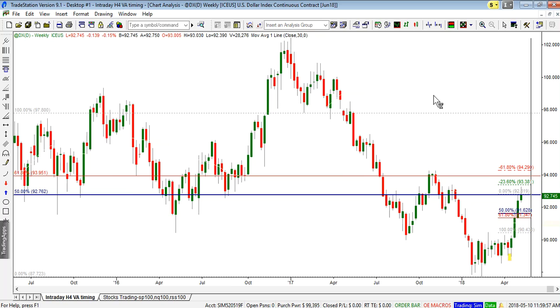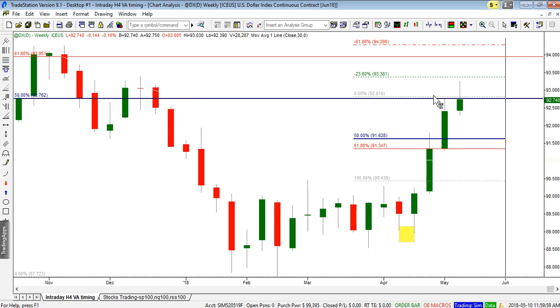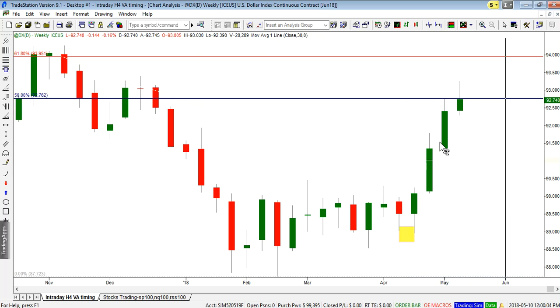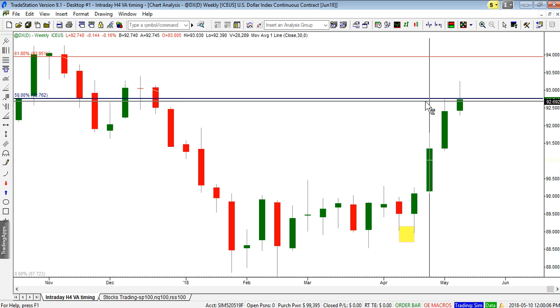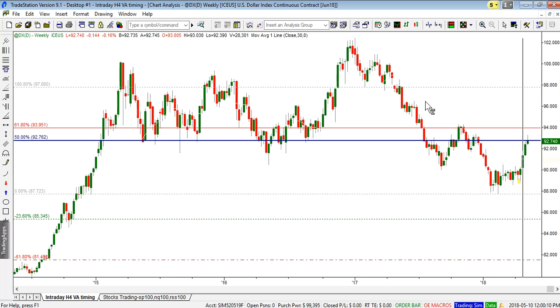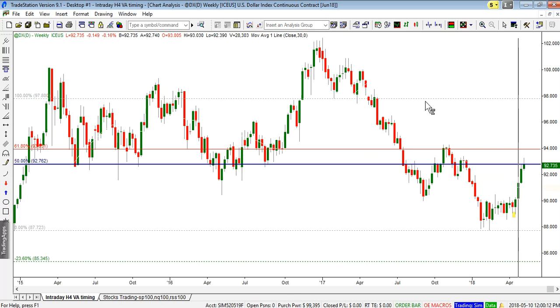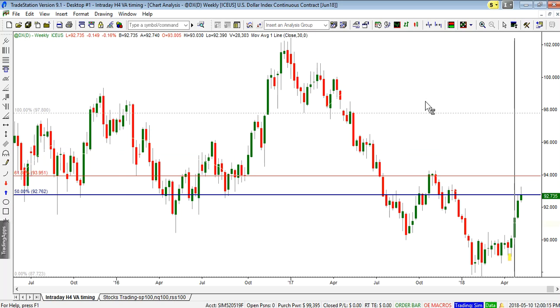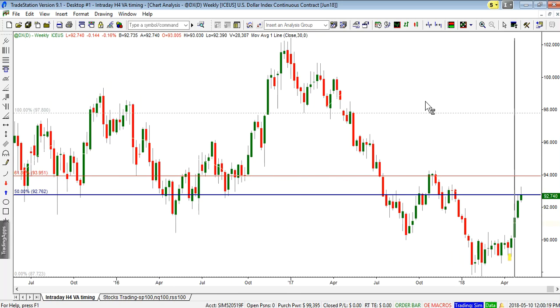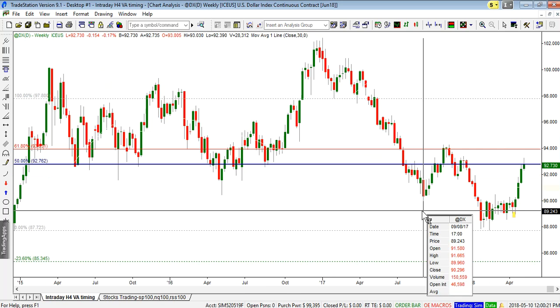Now, if indeed a reaction has started in the dollar index, and I anticipate that we still have another leg up in this market at least, then we will see whether this is real or the market is going to go back down to lows.